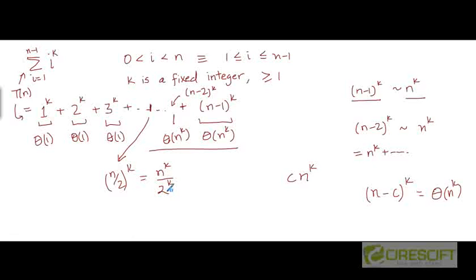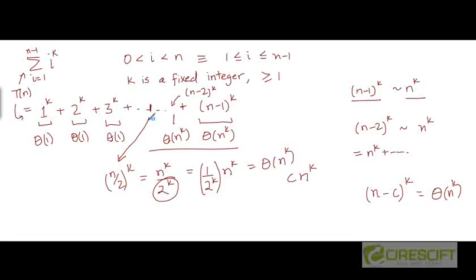Now, because 2 and k are constants, this 2 to the power k is also a constant. In other words, we can say that the middle term is some constant, which is 1 by 2 to the power k, times n to the power k. So this is also going to be in theta of n to the power k.